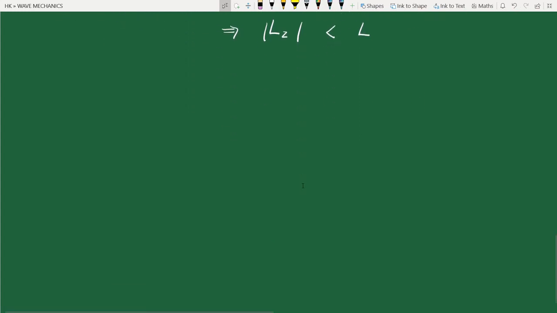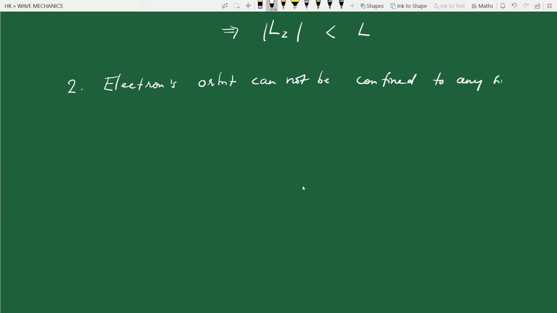And a second point is, the electron's orbit cannot be confined to any single plane, any one plane, not necessarily the xy plane.